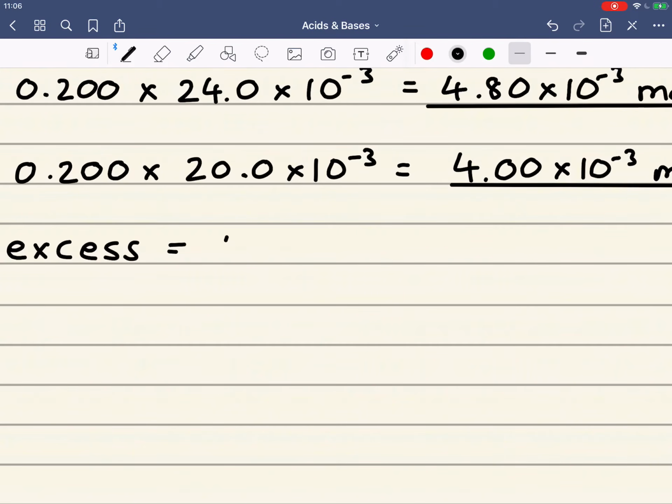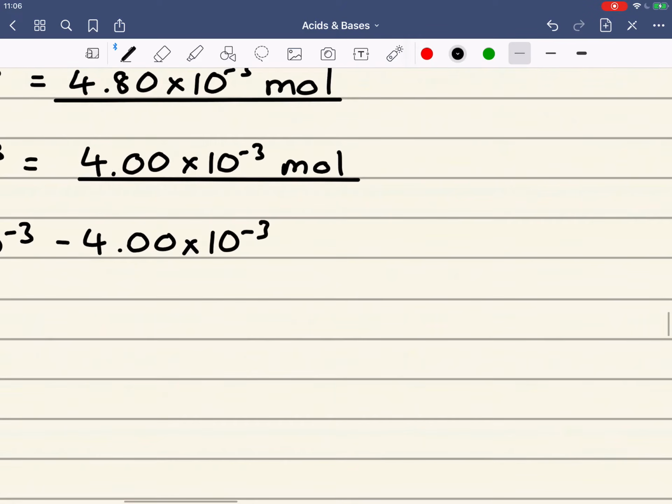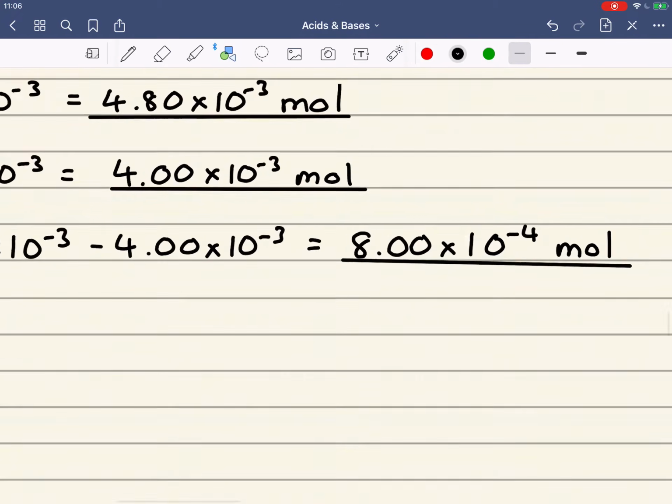So you'll get 4.8 times 10 to the minus 3 minus 4 times 10 to the minus 3. And that gives me 8 times 10 to the minus 4 moles. And that's my next marking point.